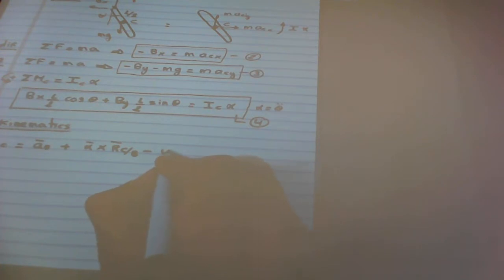Probably point B, no? That would be AB. And what is the acceleration of point B? X double dot. Perfect. Then we write the equation plus alpha cross R of C with respect to B minus omega square R of C with respect to B.